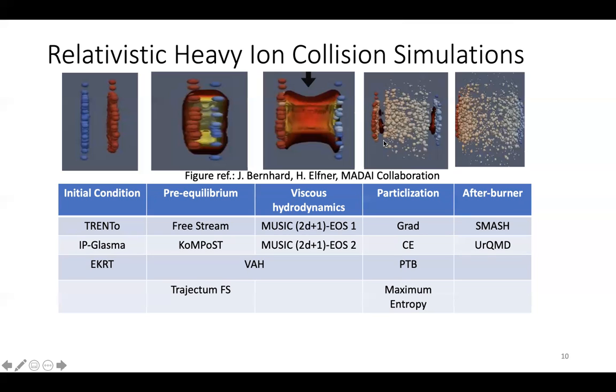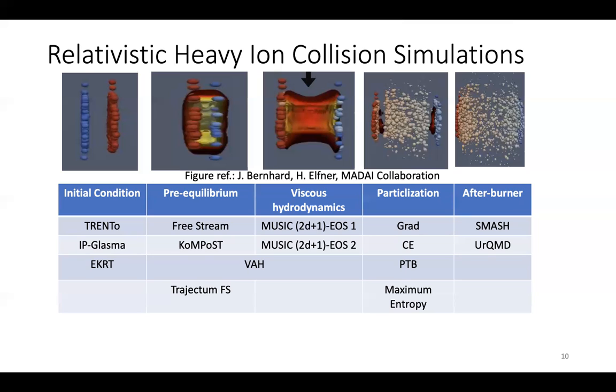So there exist multiple physics assumptions that try to model this mapping, and I have listed some of the assumptions here, different modules that we have for this particleization stage. We will talk more about these in my next slides.